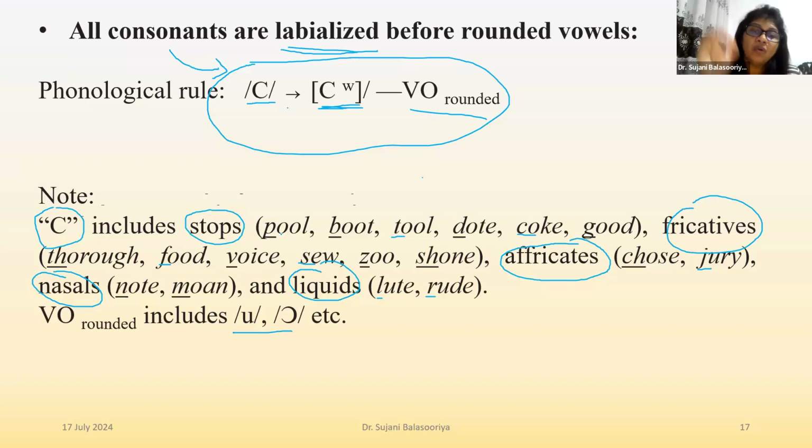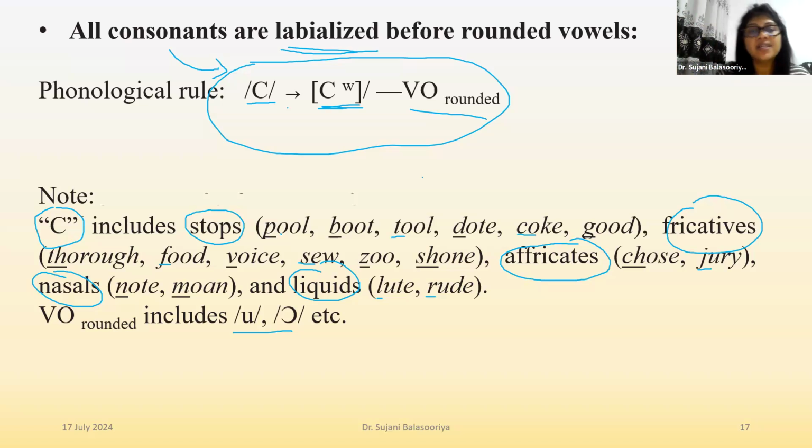So how do I phonetically or phonologically explain that? The consonant p becomes labialized before the rounded vowel oo. You know, labialized means both lips are involved. Pool. The same thing happens in all these other examples: boot, tool, dot, cock, wood.